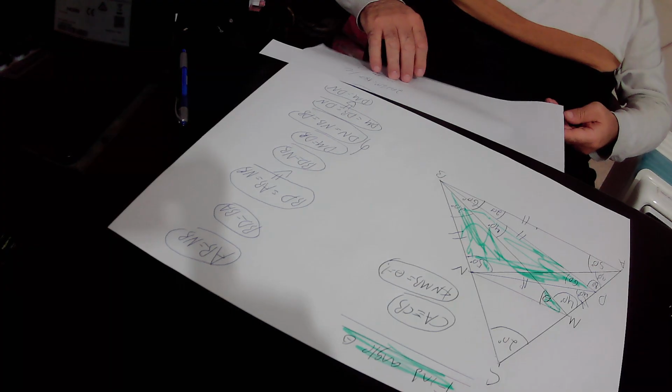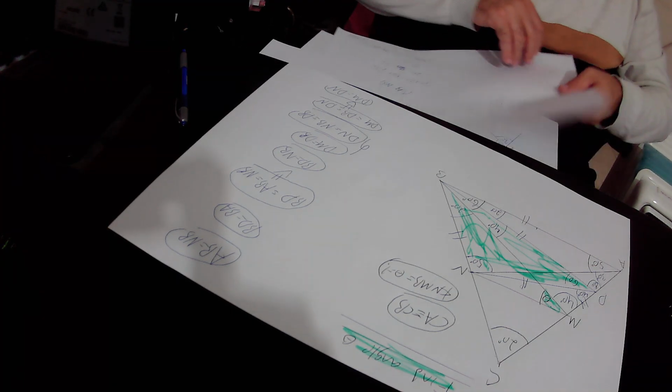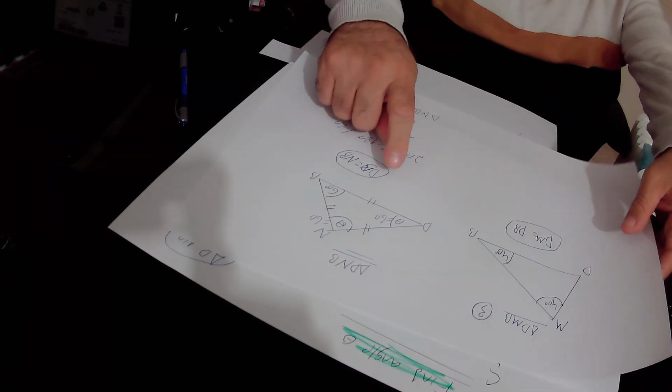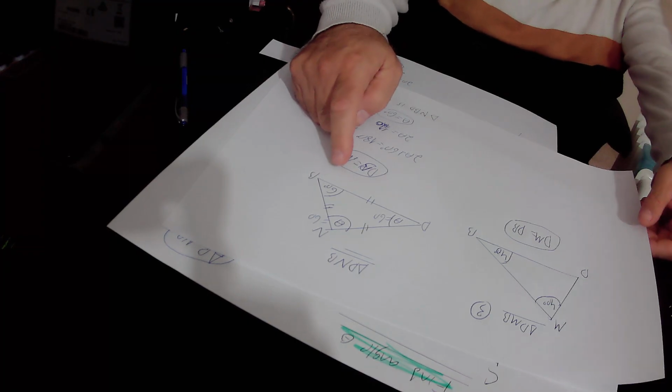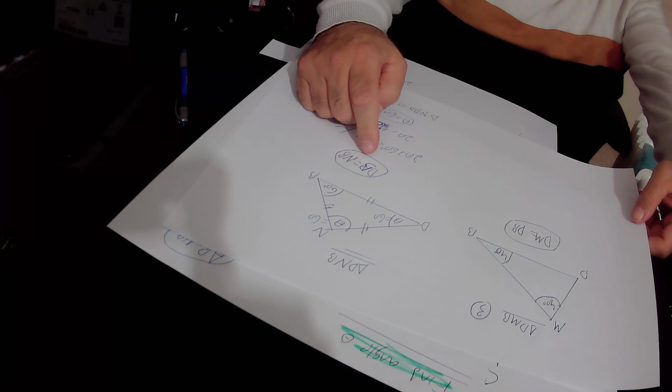So actually, this is triangle DNB that I copied from the original drawing. Angle NBD equals 60 degrees, and we have already found out that DB equals NB.